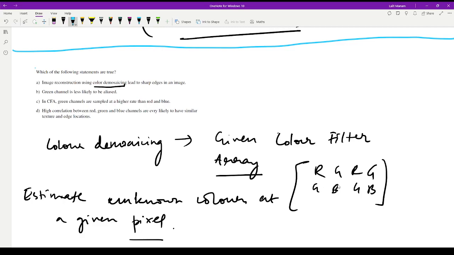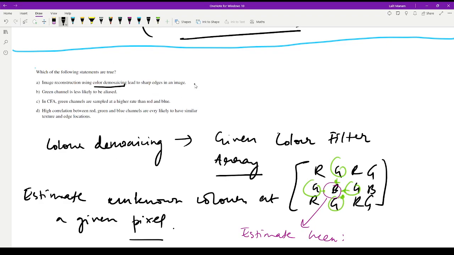If I'm given a grid like this, and I choose this pixel and I want to estimate green here, what do we do? We take the average of the neighboring green colors, which are the nearest four neighbors. So does averaging lead to sharp edges or not?